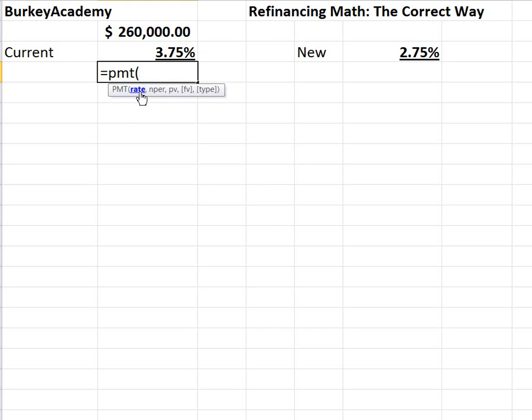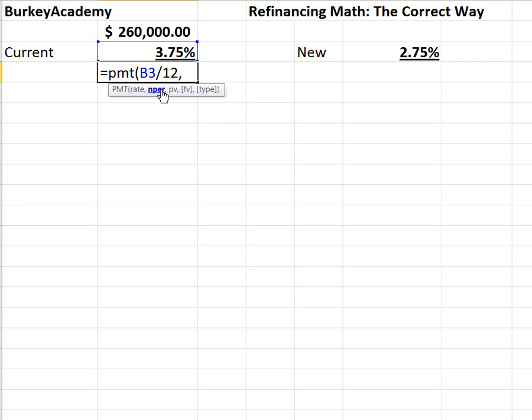So what you want to do is put the monthly rate in here, which is going to be 3.75%, cell B3, divided by 12. That's our rate as a monthly rate. So you take the yearly rate divided by 12, comma.